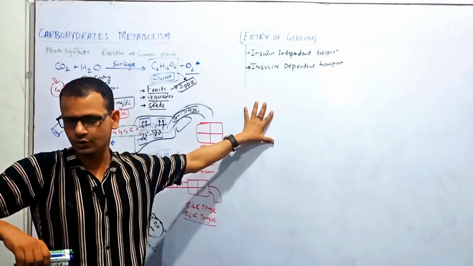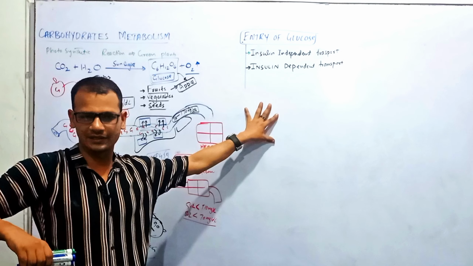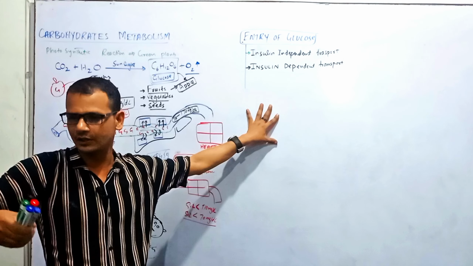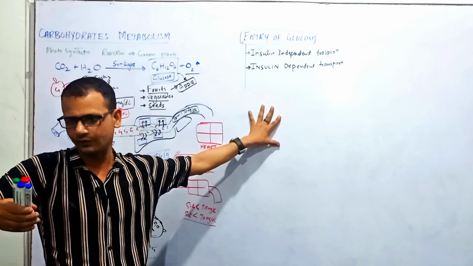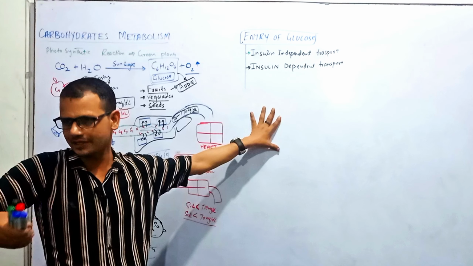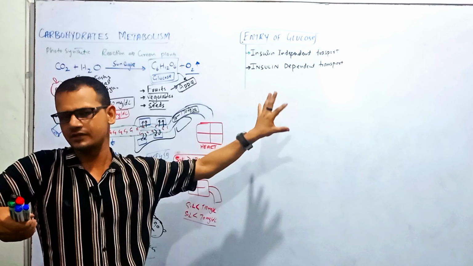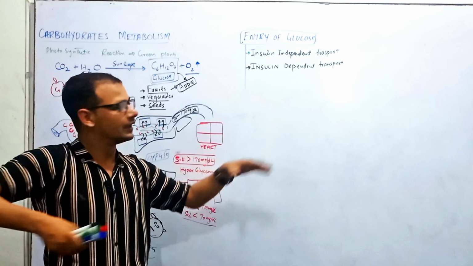No. So first we will discuss how the glucose enters into the cell, and after that we will discuss glycolysis, Krebs cycle, electron transport chain. Those processes are very simple, right?